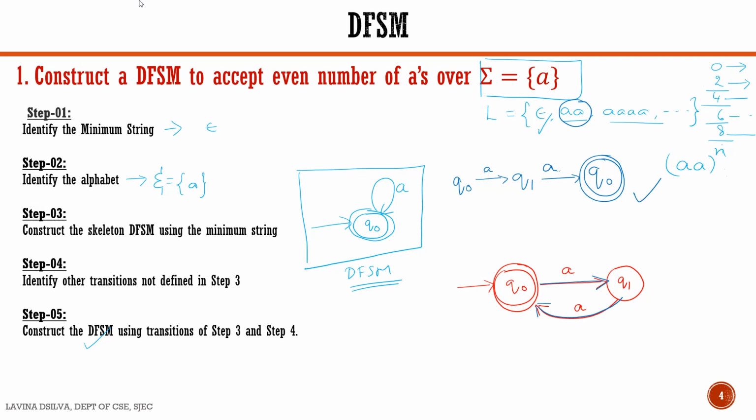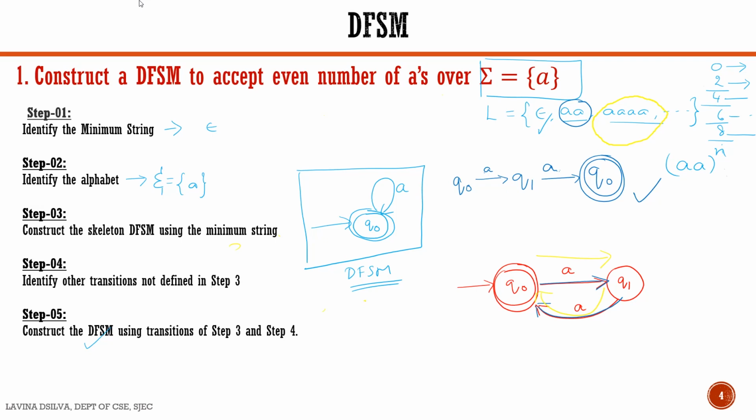Therefore, we know that this string can be accepted. If we were to take the next example, that is a string of 4 A's, what would happen? We are in the state Q0. We see the first A, we go to the next state.